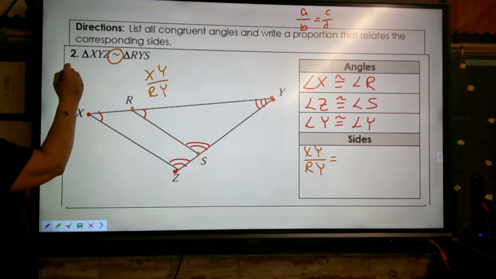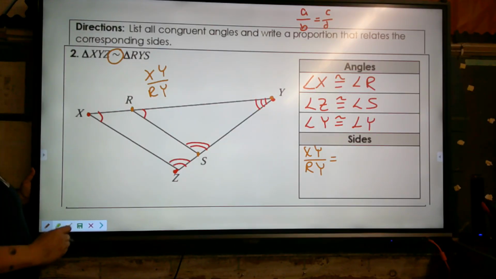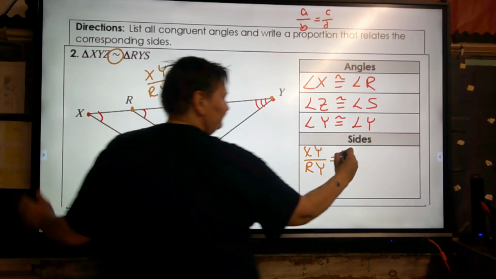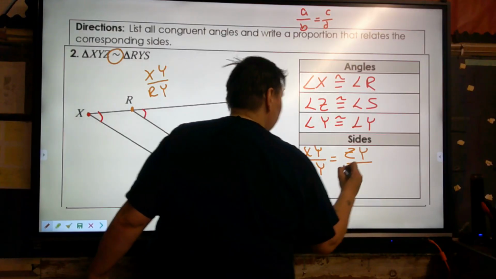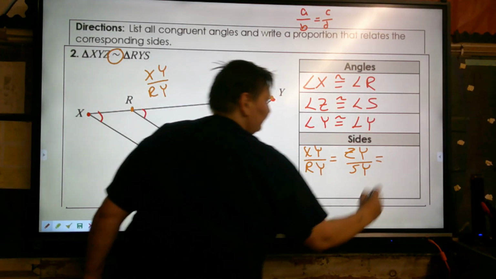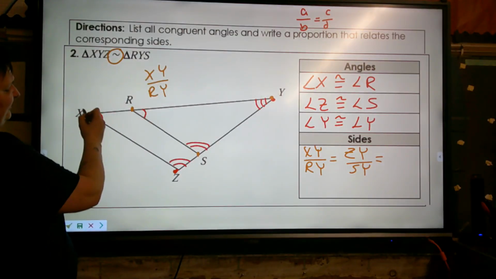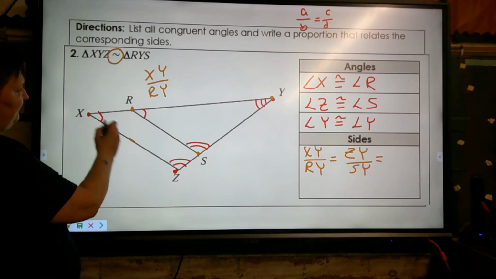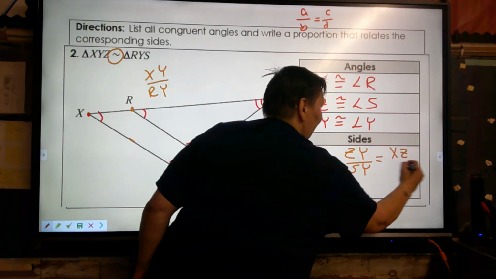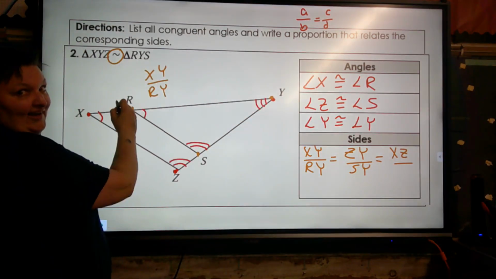It said XYZ comes first. The bigger triangle is coming first. So we're going to go ZY, and then we're going to go SY. Lastly, bigger triangle first, XZ over RS.